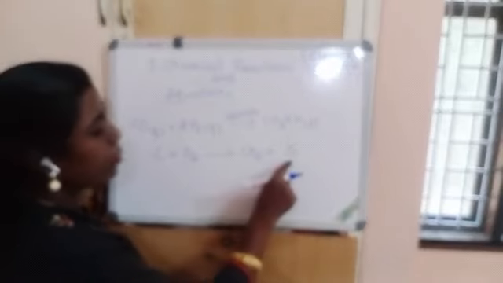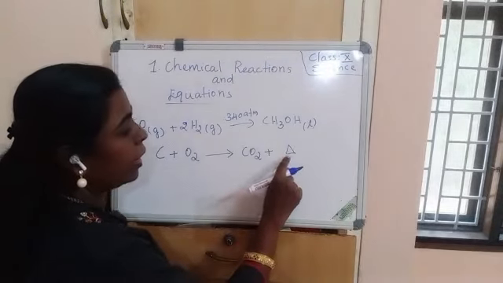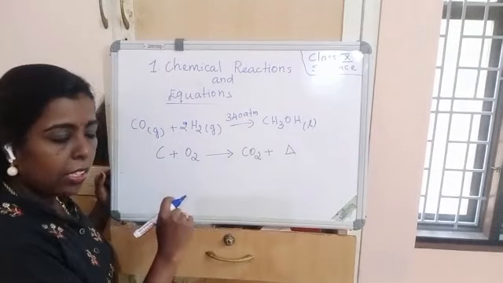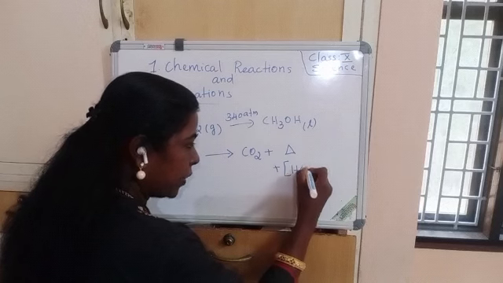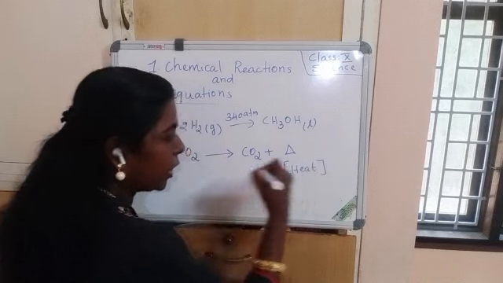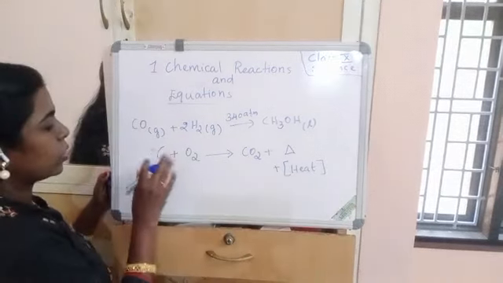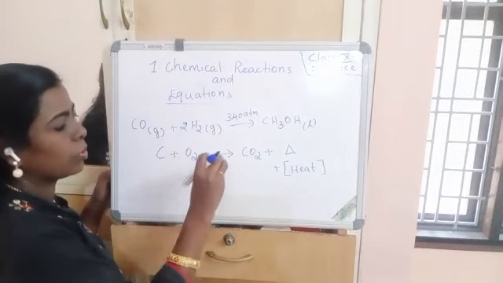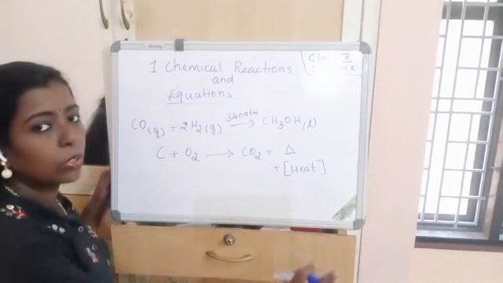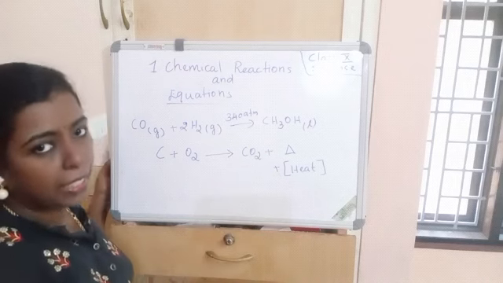This heat can be expressed by triangle or plus heat. So carbon reacts with oxygen to form carbon dioxide with the evolution of a large amount of heat.